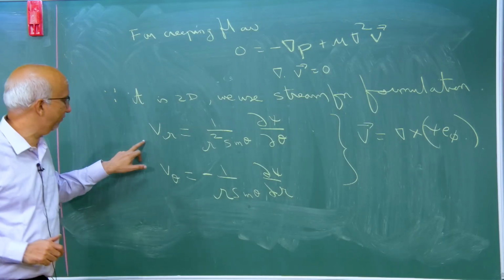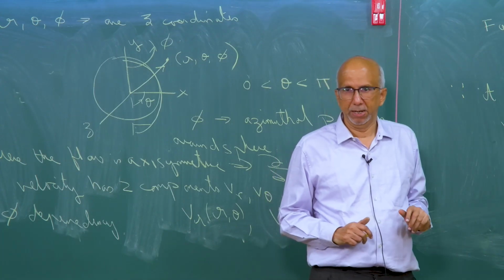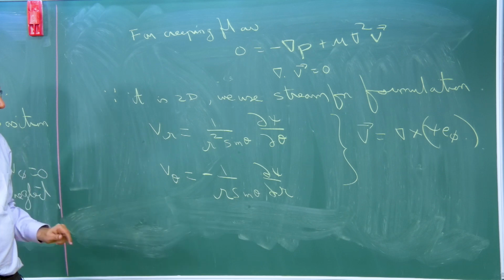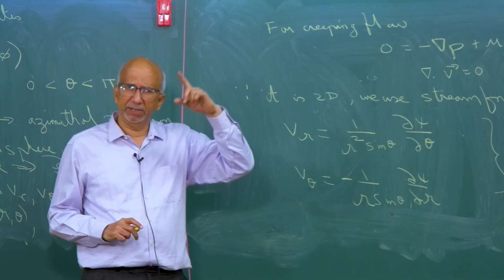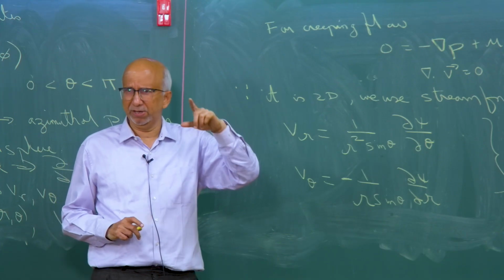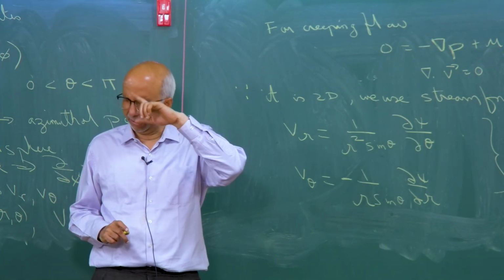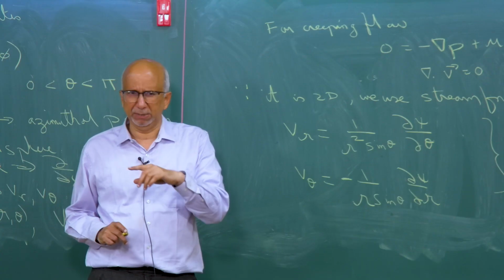So, now I have the velocity in terms of the stream function, and because it is the creeping flow limit, like we derived last time, we had del squared del power 4 psi equal to 0 for the creeping flow.